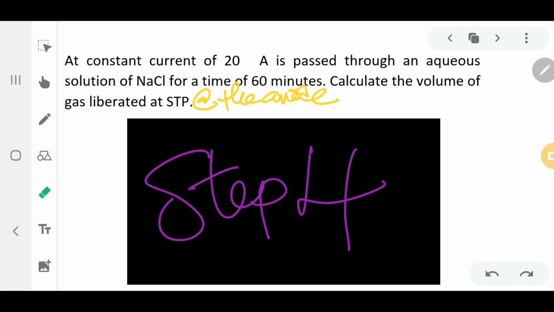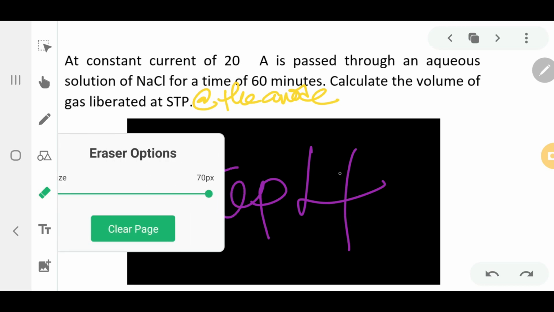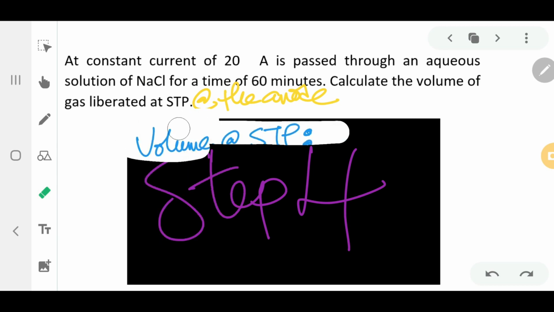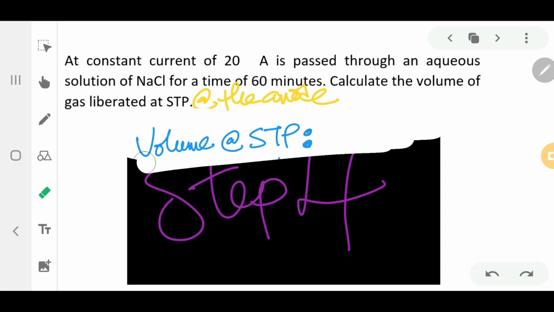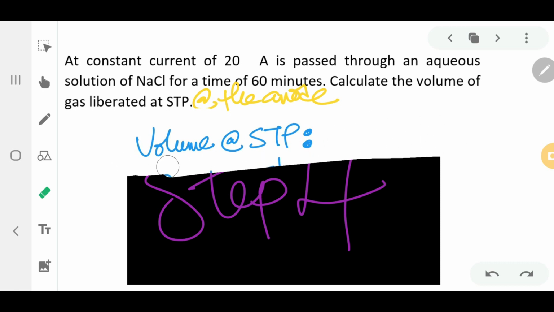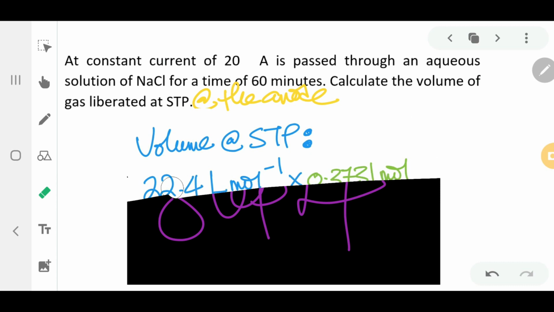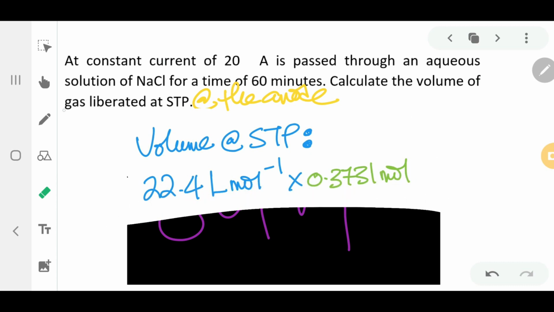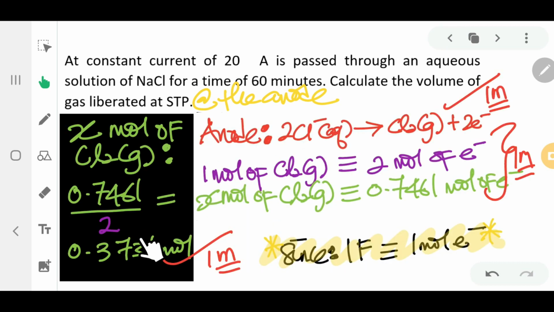So moving on to step number 4, what we need to do is to find out the volume at STP, standard temperature and pressure. We're just going to take the constant over here. So this is the number that is constant, 22.4 liter per mole, times with the number of mole of chlorine gas that we have got in here.